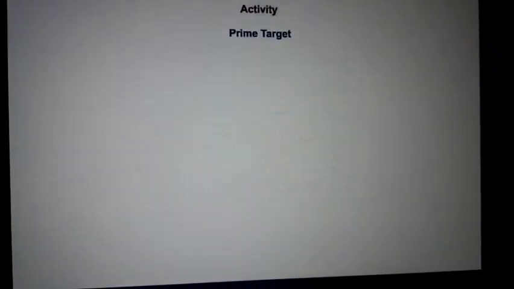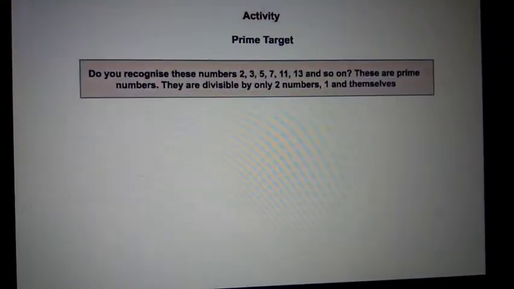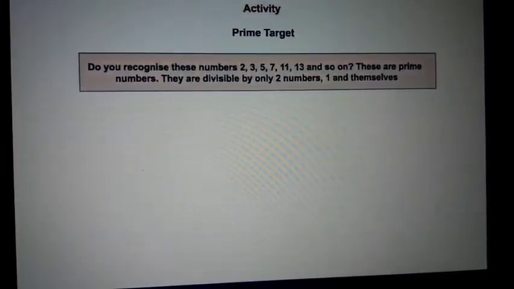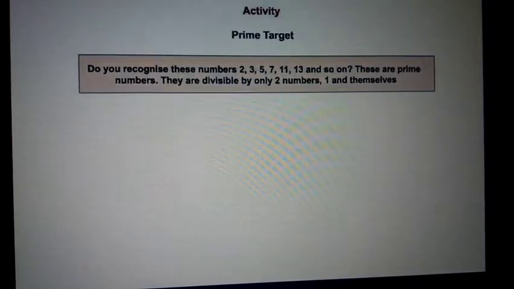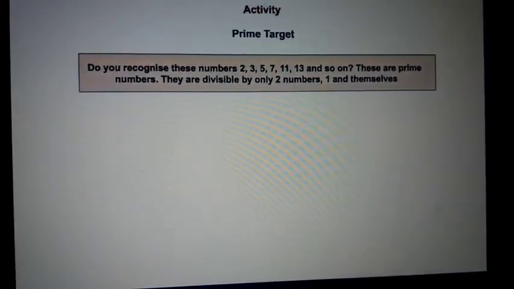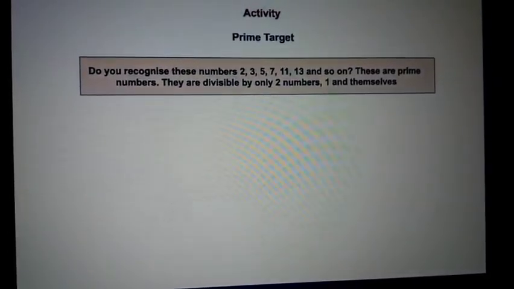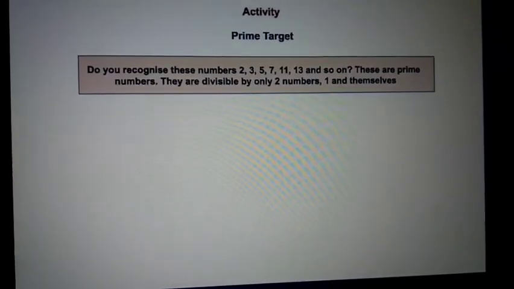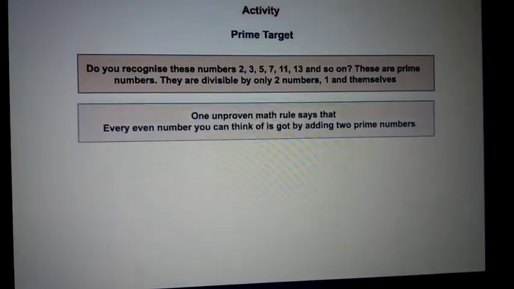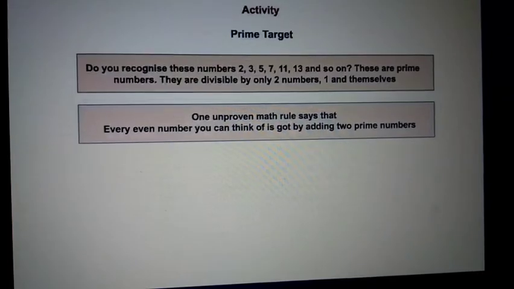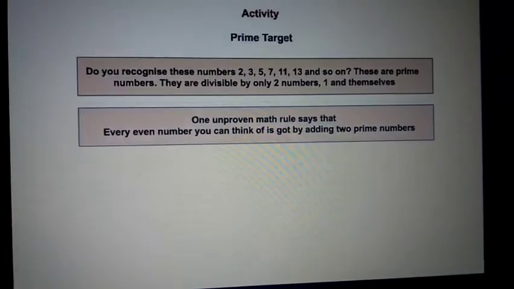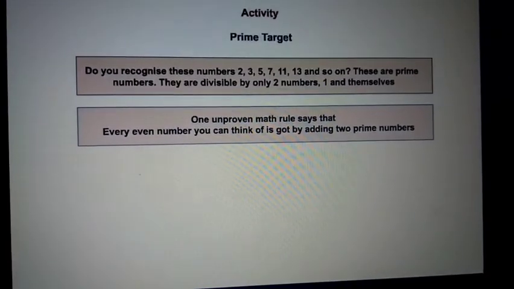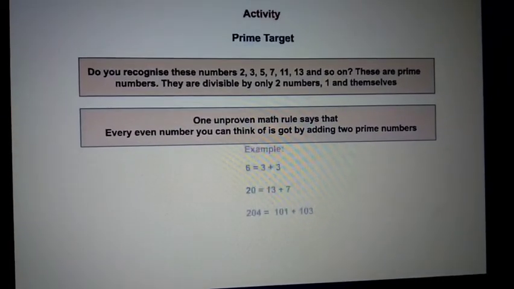Activity. Prime target. Do you recognize these numbers 2, 3, 5, 7, 11, 13, and so on? These are prime numbers. They are divisible by only two numbers, 1 and themselves. One unproven math rule says that every even number you can think of is got by adding two prime numbers.